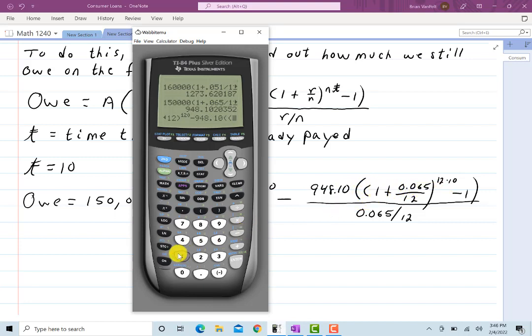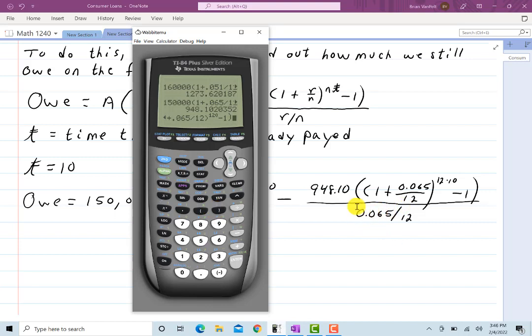Let me put the 1 plus 0.065 divided by 12. That thing, finish that parenthesis, take it to an exponent, put 120 up there, come down and put -1, finish that parenthesis.